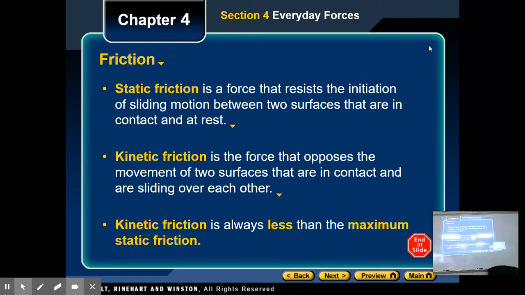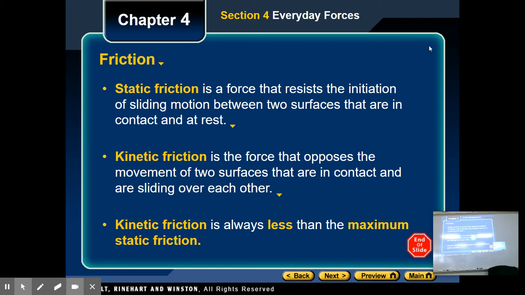So, kinetic friction will always be a lesser magnitude than static, okay? Because once you get something rolling or moving, it's typically easier to keep it moving. But in order to get something started, it takes a little more oomph. Has anybody ever had to push a car that was stalled out or just wasn't operating?